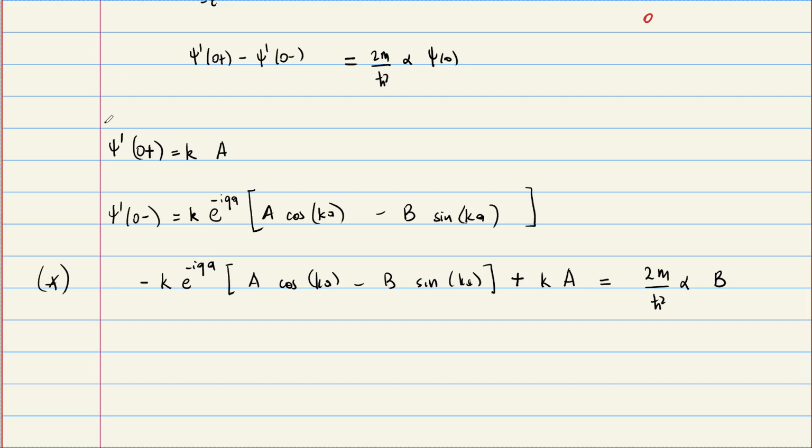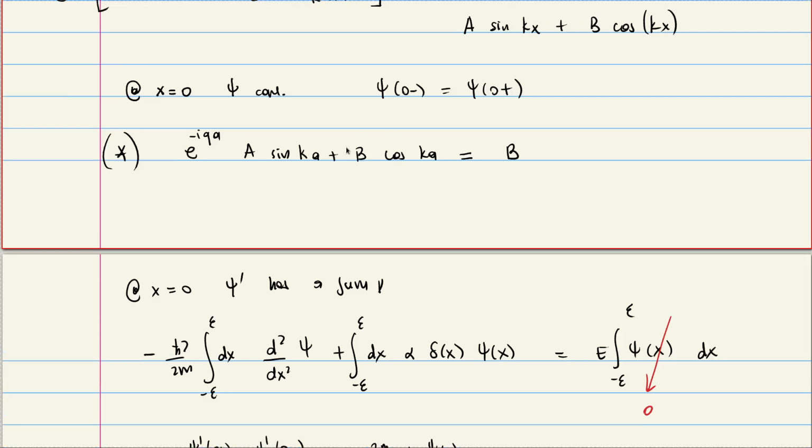Okay, now the job is to solve this equation and the previous one. I will use this equation to find A sine Ka, which is equal to B times 1 minus cosine Ka times e to the i Qa. Wherever I see A times sine Ka, I'm going to write this, and the B's will cancel.